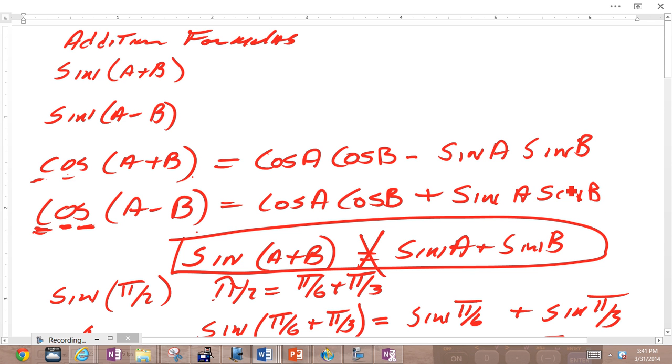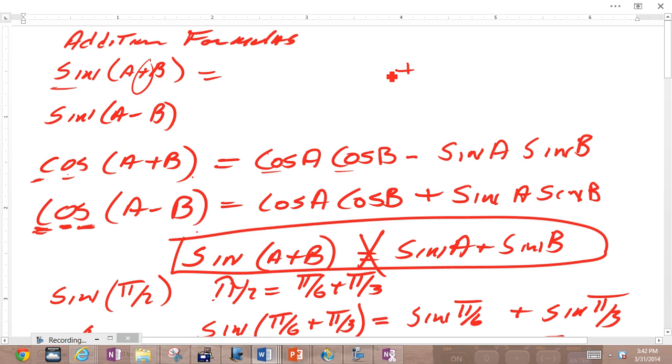Now, what about the sine? Well, the sine is going to be kind of the flip of that. Whereas these are consistent with the functions cosine, cosine, sine, and sine, this one is not. The S stands for the same sign.